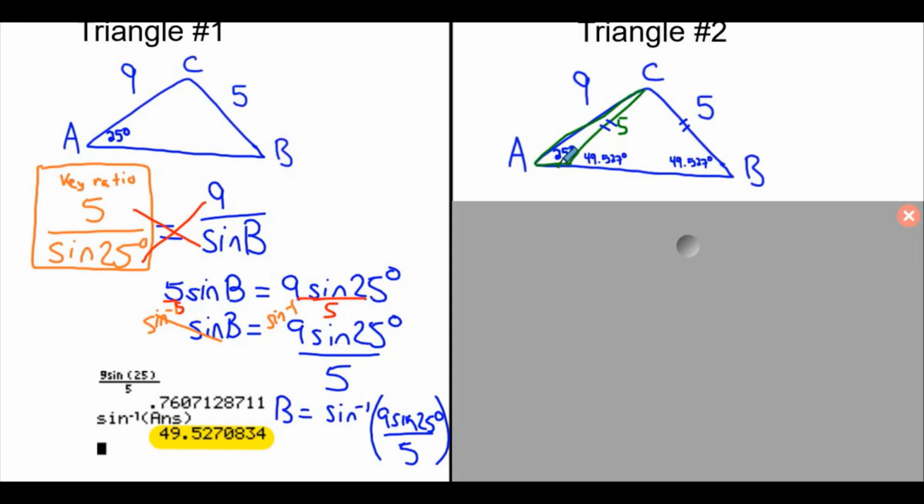How do I find that angle? I now have a linear pair, and that linear pair has 49.527 from the previous problem that came from it being isosceles. So how do I find this angle? I don't use trig, I actually use geometry. And remember, geometry is the study of shapes.